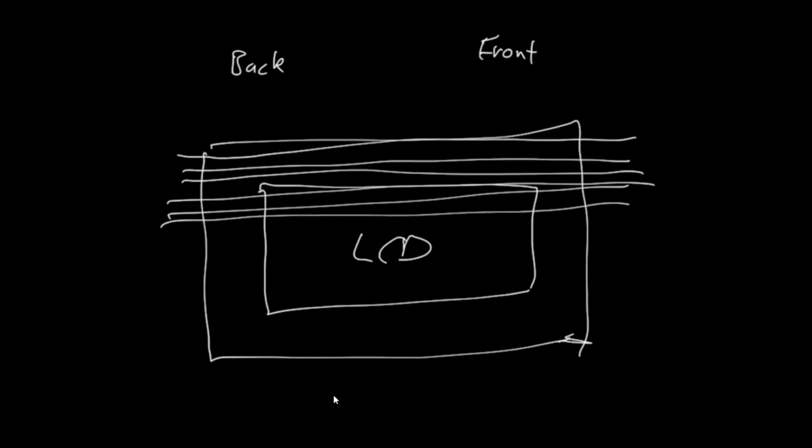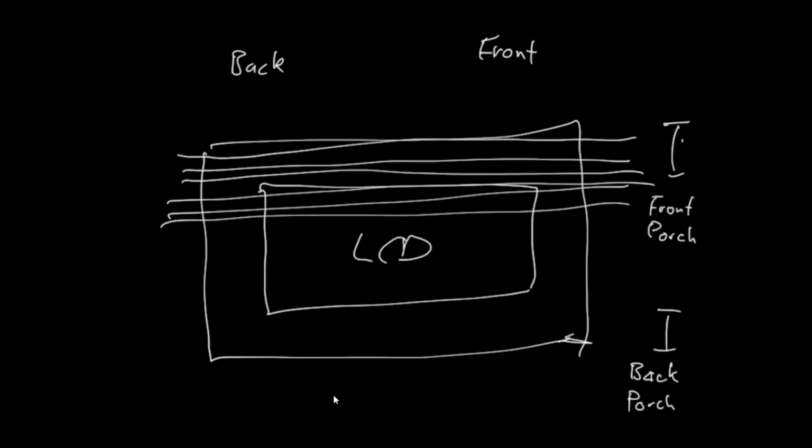Now we also have what are known as our front porch and our back porch, which are basically areas where we're not actually sending any actual pixel data per se, but it's required in order for the LCD controller that is running the screen itself to have the particular amount of time that it needs to internally set itself up for that data to come through.